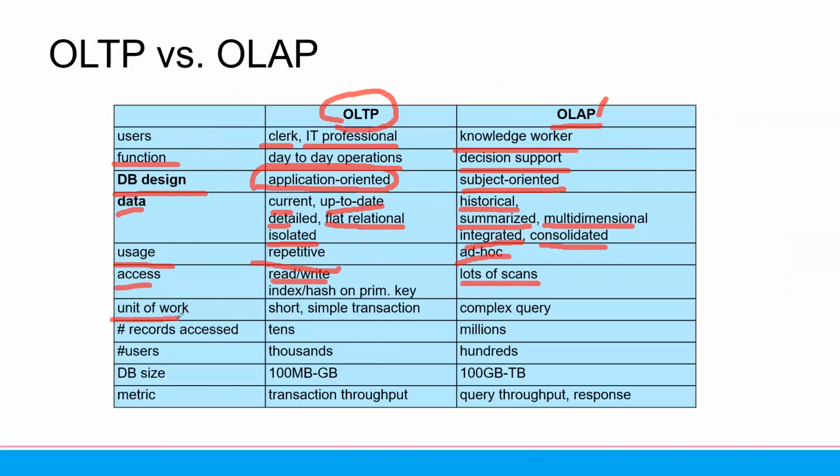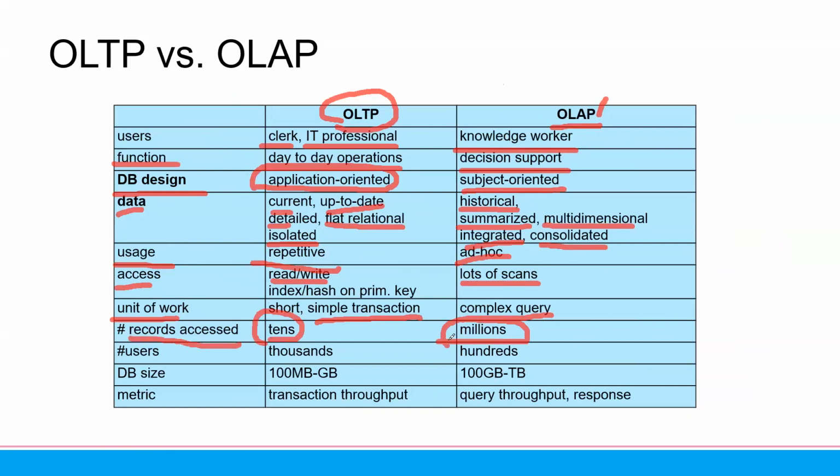If the work is about the simple transaction for OLTP, for the OLAP it is more about the query. And the records that you want to access for the OLTP, usually it is not that many. But for the OLAP, you need to handle millions because it is for big data.